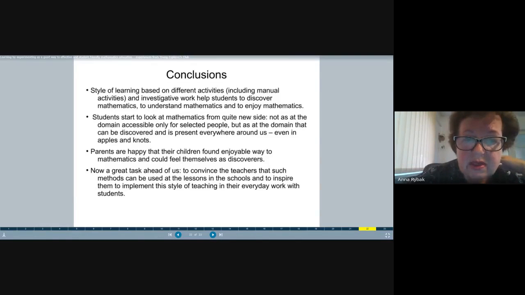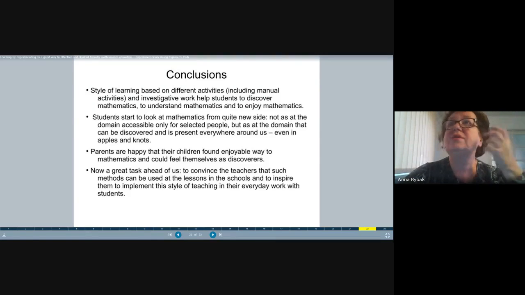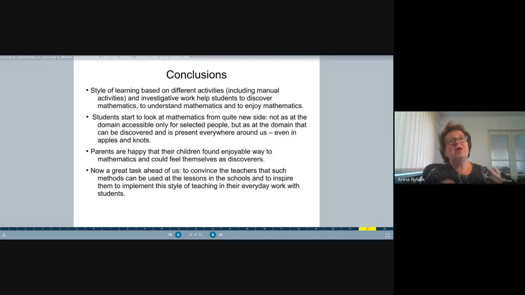Students start to look at mathematics from a quite new side, not as a domain accessible only for selected people, but as a domain that can be discovered by themselves. Also teachers and parents say the same. They say sometimes after our workshops, oh, I was never taught mathematics in such a way. And of course they are happy.